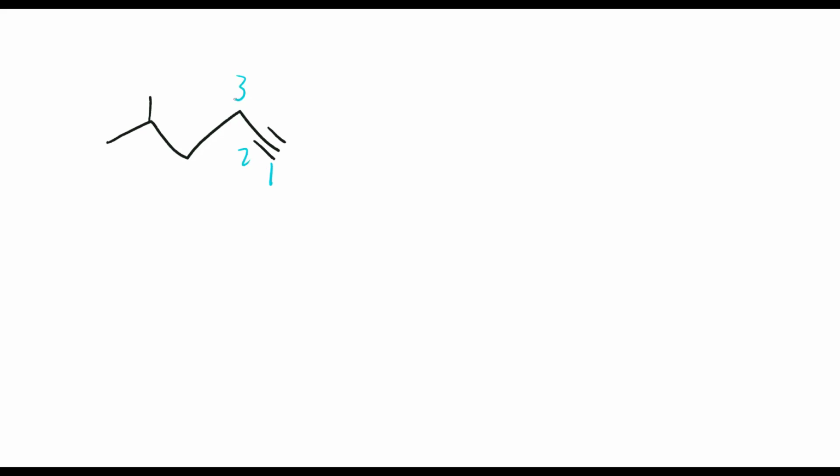1, 2, 3, 4, 5, and 6. We have a 5-methyl. And this is hexane, but we have a triple bond, so it's going to be hexyne. So this hexyne occurs at 1.